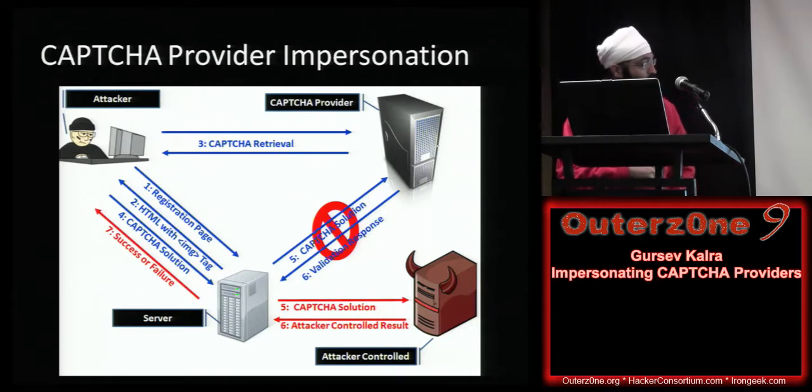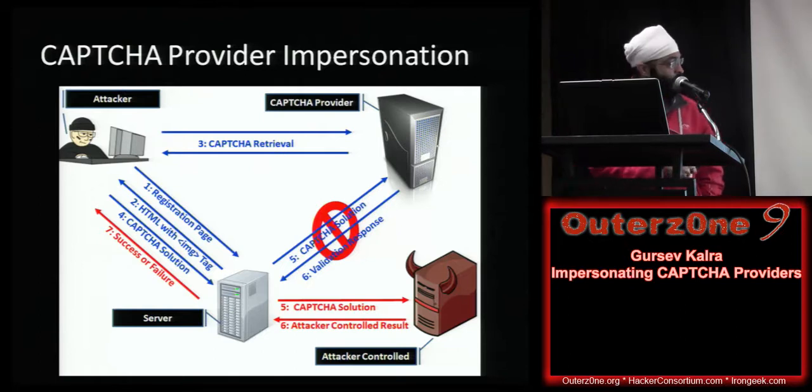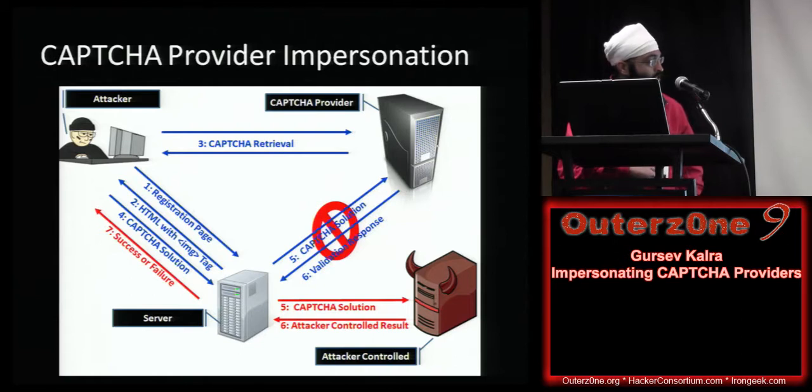In step 4, when the CAPTCHA solution comes and goes out for validation, we hijack the traffic, and the validation is in turn performed by the server that we control. And when we control the server, we can choose the response that we want to send back, and based on that we can influence step 7 and step 6. So if we are able to control 6, we anyway control 7. So this is how the CAPTCHA provider impersonation works.